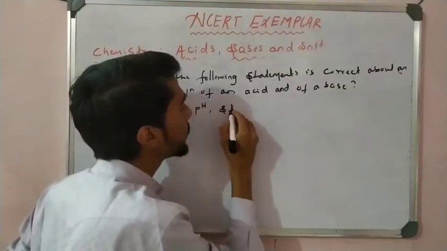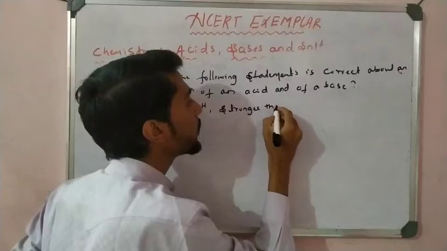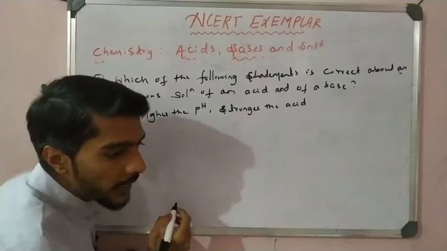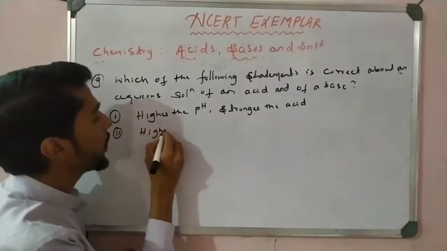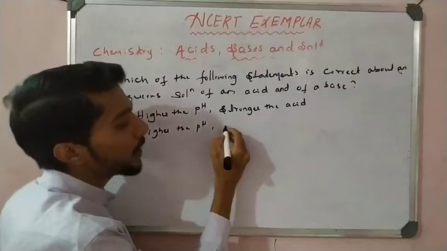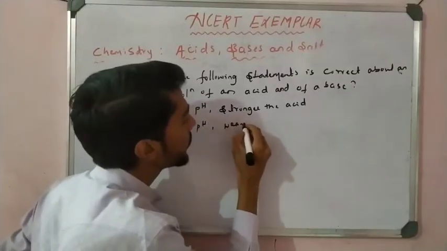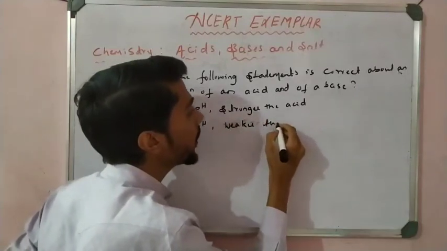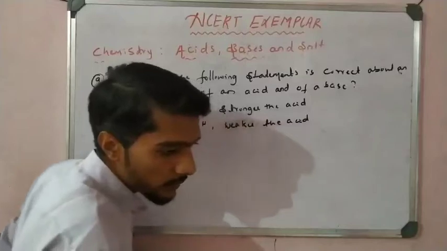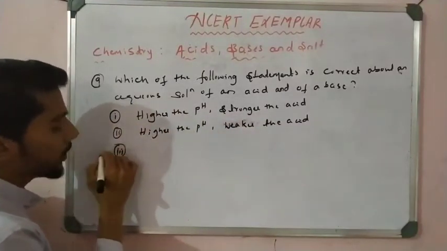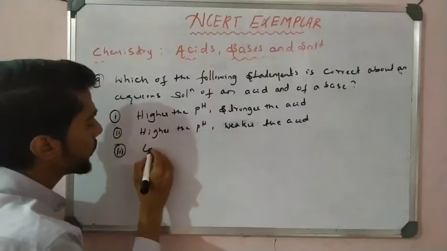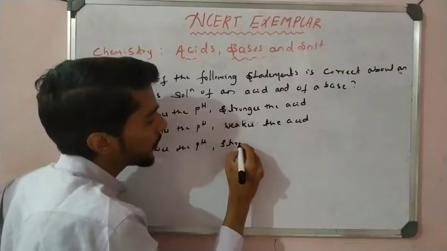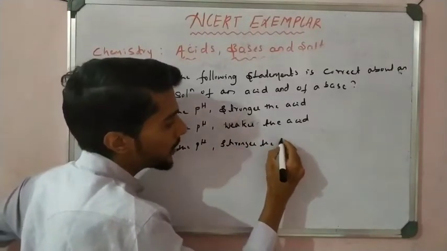Statement 1: higher the pH, stronger the acid. Statement 2: higher the pH, weaker the acid. Statement 3: lower the pH, stronger the base.